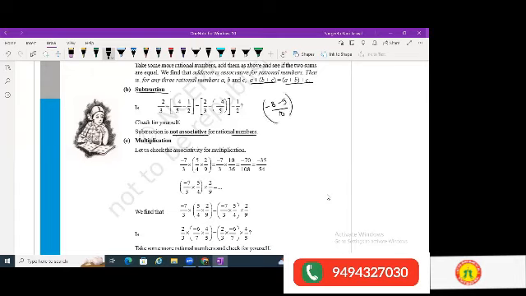We'll just check whether the left-hand side is equal to the right-hand side. Outside you have minus 2 by 3 minus. First we are doing the left-hand side. So this becomes minus 2 by 3 minus, and this becomes minus 13 by 10. When you solve it again, what do you get? 30 here.